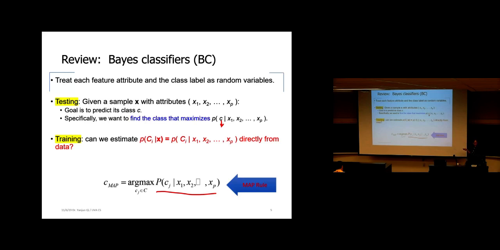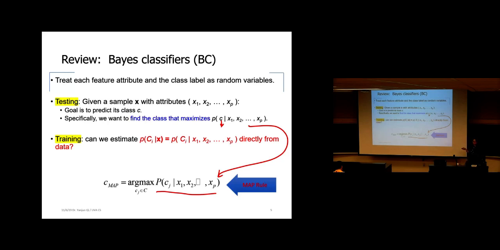In the testing phase, you're really just trying to find the one that gives you the largest, C star. This is what you use in the testing phase; in the end, this is how you perform testing or inference.